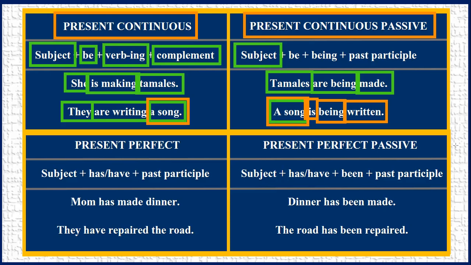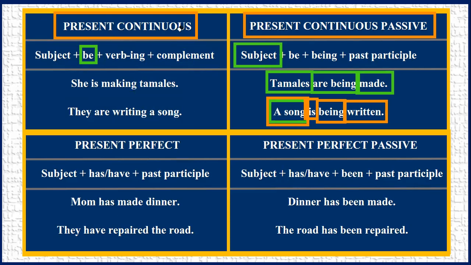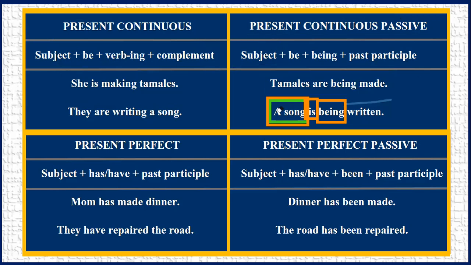Okay, yes. Now let's move on to the present perfect. Yes, this is even easier. Now, present perfect is simple. Yes? As you know, with present perfect, we start with a subject. Yes?